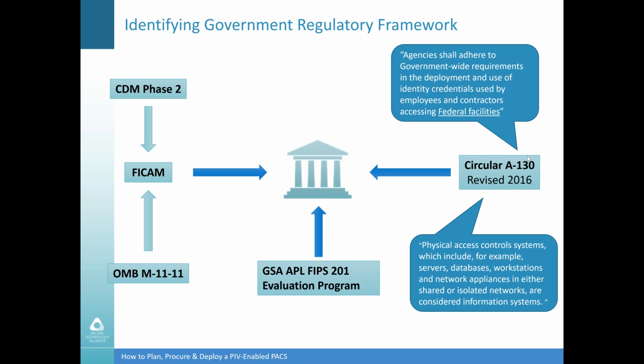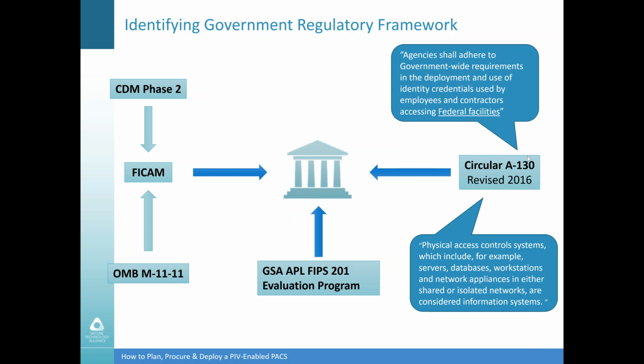More recently, the Continuous Diagnostics and Mitigation program. This is a program some of you may or may not be familiar with. This program is directed by the DHS in partnership with GSA, and it is really a cybersecurity program. The entire intent is to monitor all systems for their current behavior and to make sure that they're in compliance and that any defects that are found are reported up so they can be quickly taken care of.